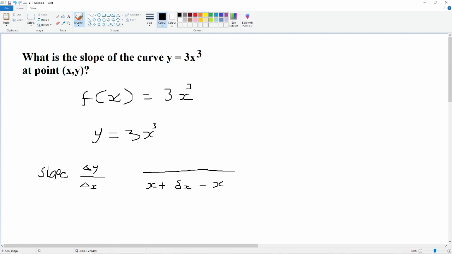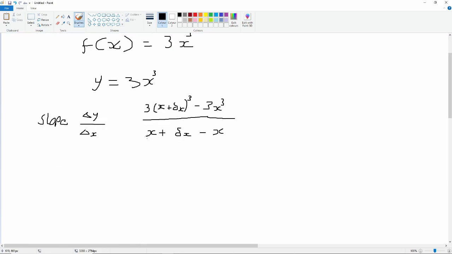So y is 3x cubed, so this is 3 times x cubed, but we're not using x, we're using x plus delta x, because this is our y. So 3 times x plus delta x cubed minus 3x cubed. And that's our change in y. Our change in y is 3 times the little bit bigger x cubed minus 3 times x cubed.